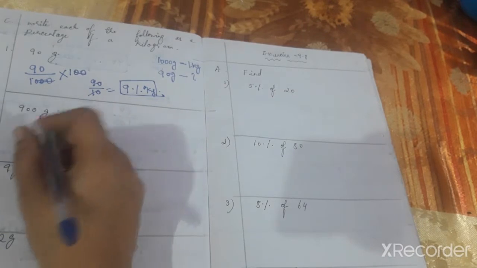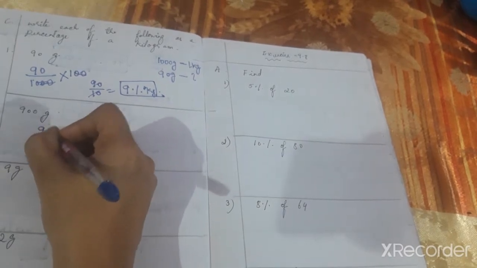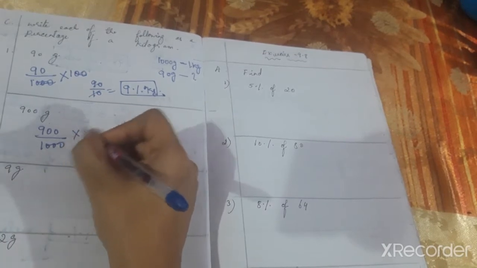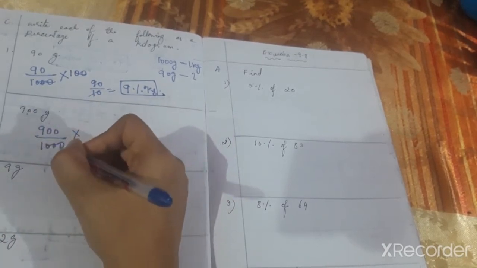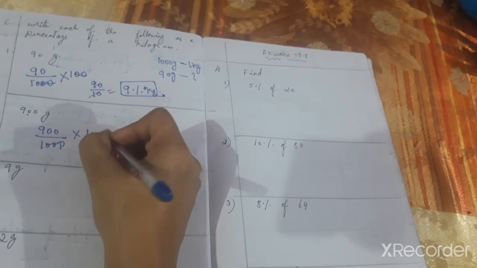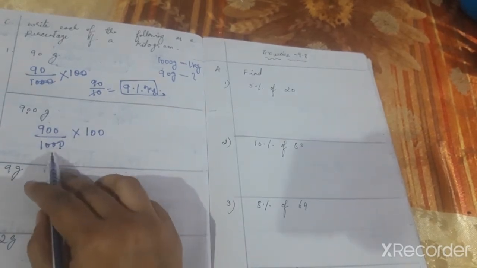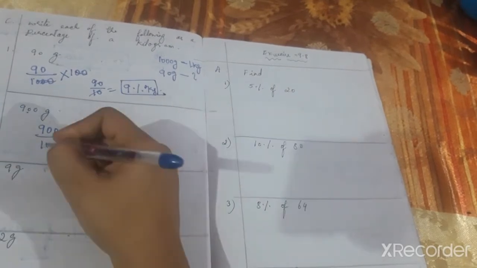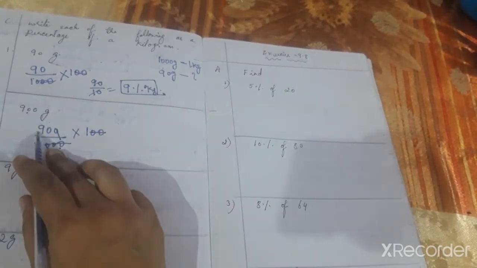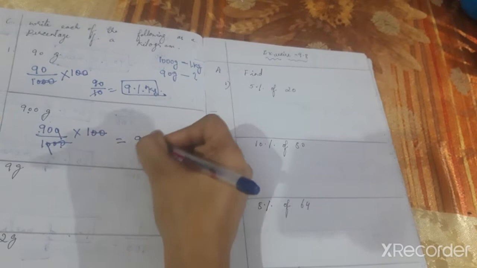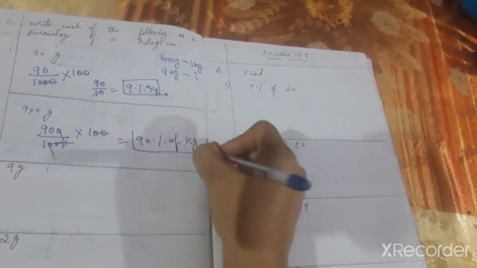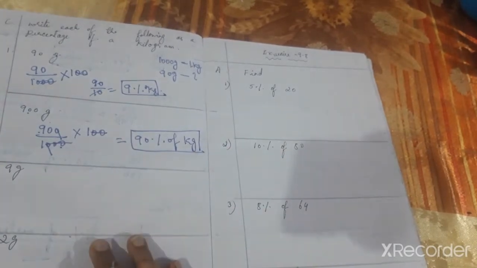Now 900 gram: to convert into kg it is 900 by 1000, the given measurement divided by 1000, and for the percentage we multiply by 100. 0 0 cancel, 0 0 cancel, remaining is 90. So 90% of kg.